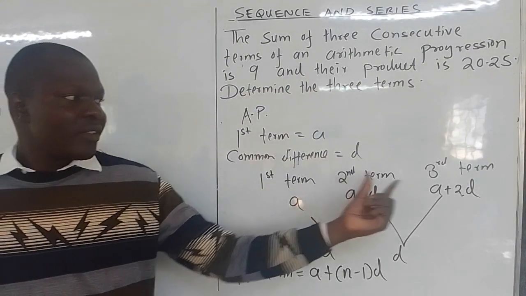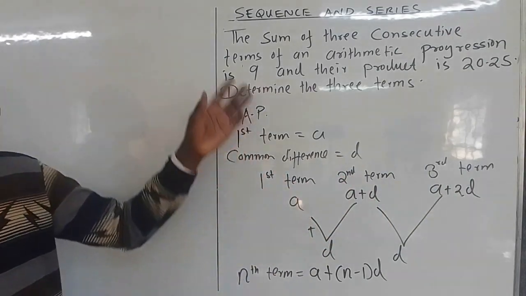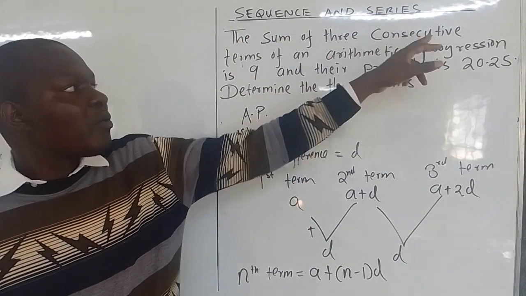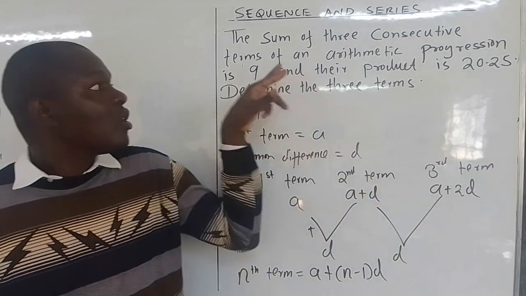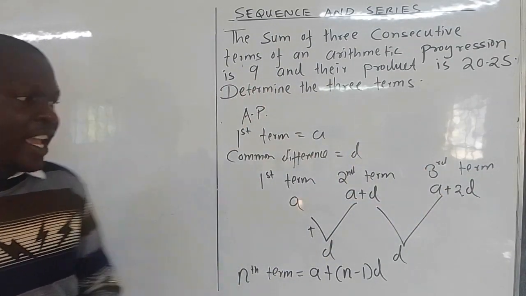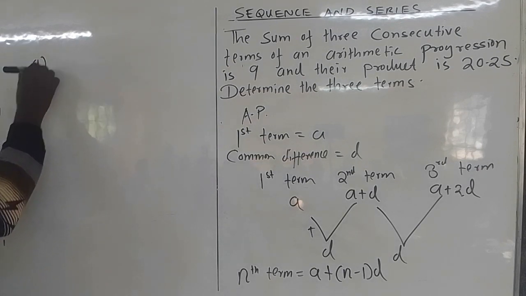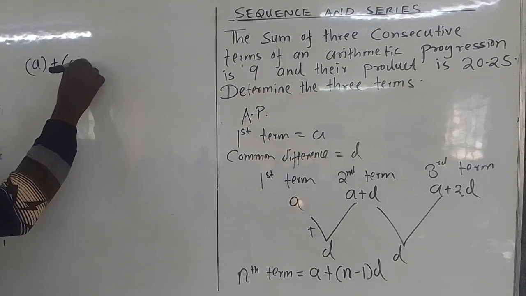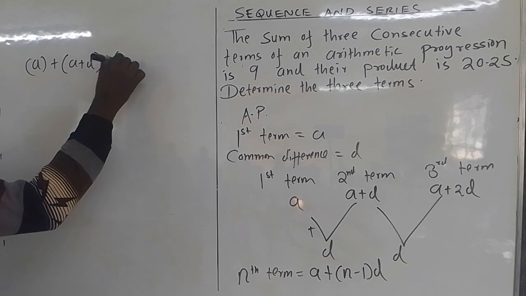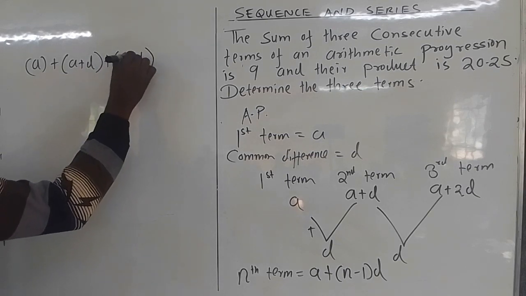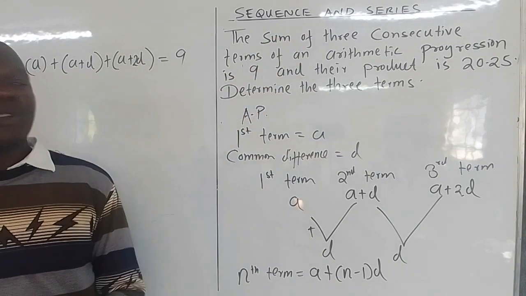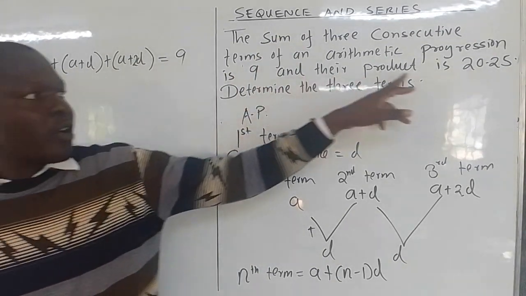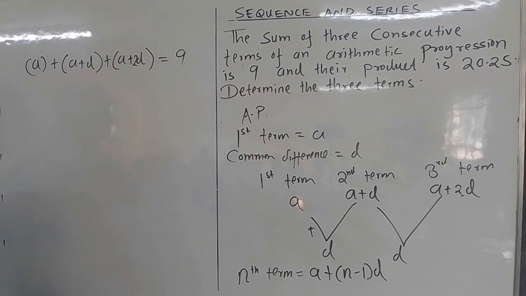So we have the three consecutive terms. Go back to the question. The sum of the three consecutive terms, meaning if you add them, is 9. So the first term plus the second term plus the third term, A plus A plus D plus A plus 2D, gives 9. And their product is 20.25.